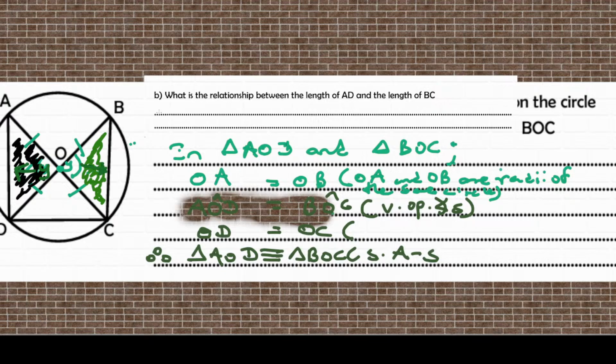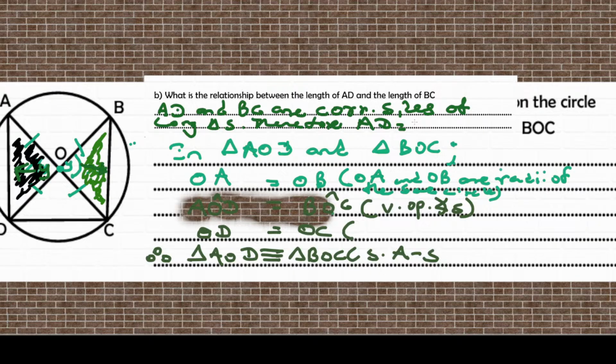So AD and BC are corresponding sides of congruent triangles. Therefore, AD equals BC. Why? What's the rule?